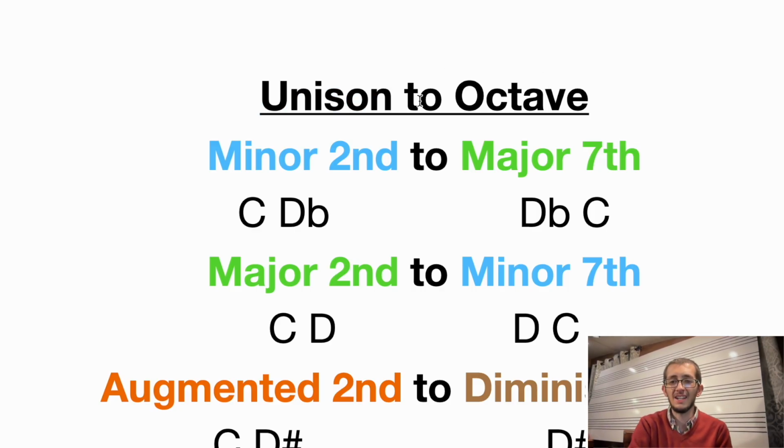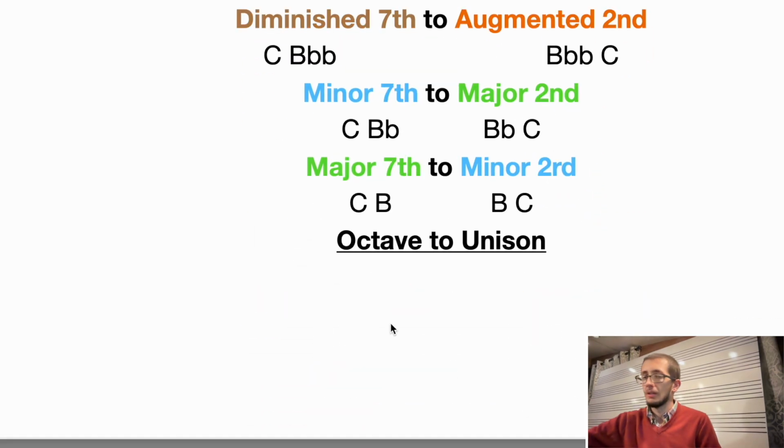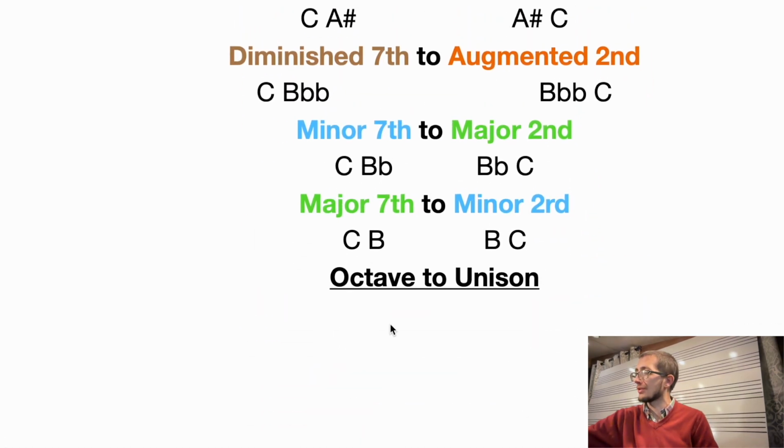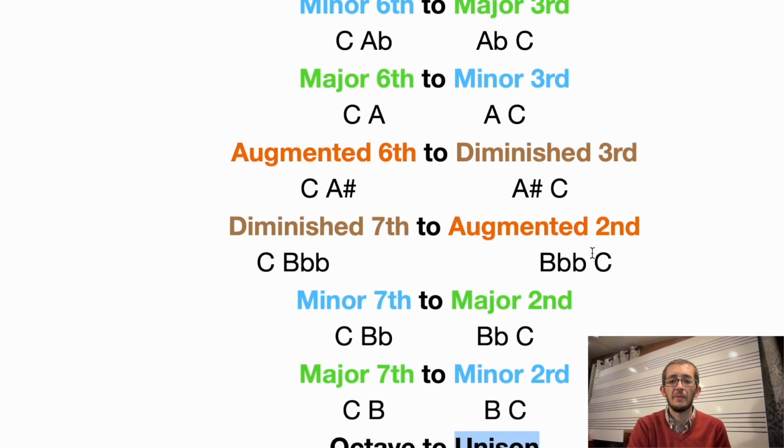So 1 plus 8 adds up to 9. And it also works with octave to unison. So an octave is this C to C. But let's take this bottom C and raise it up an octave. Now we have two of the same C's in unison. And 8 plus 1 is 9.